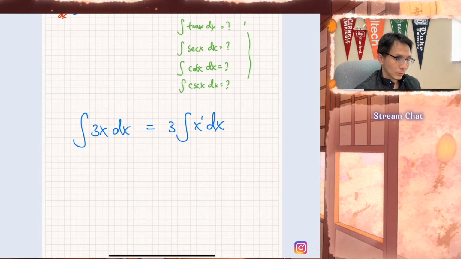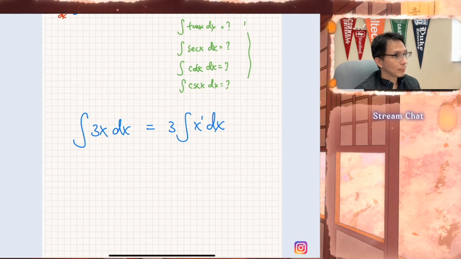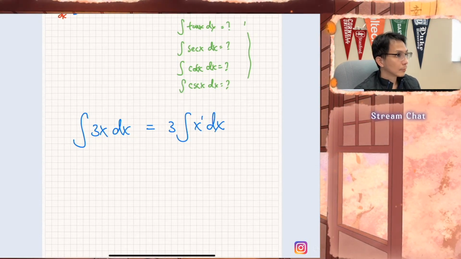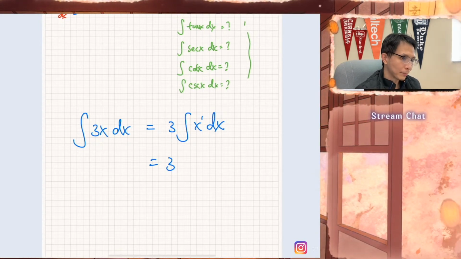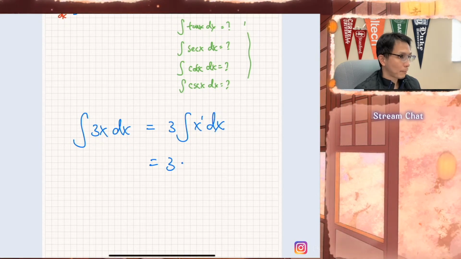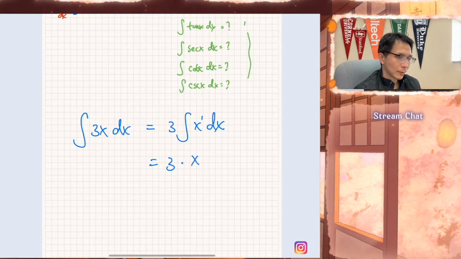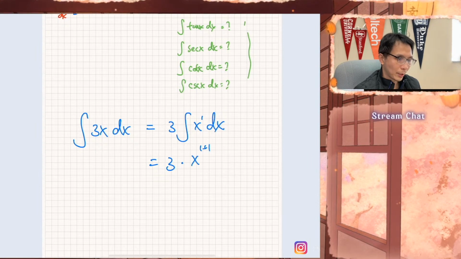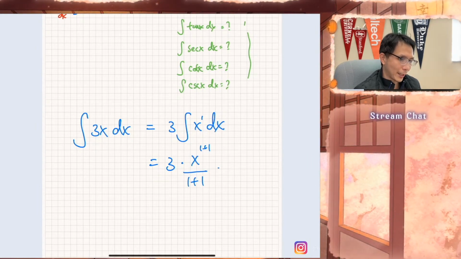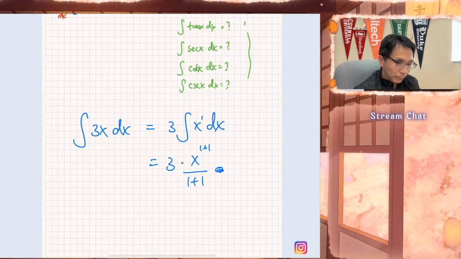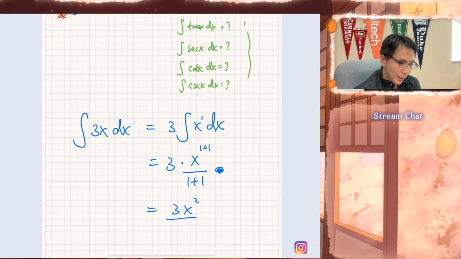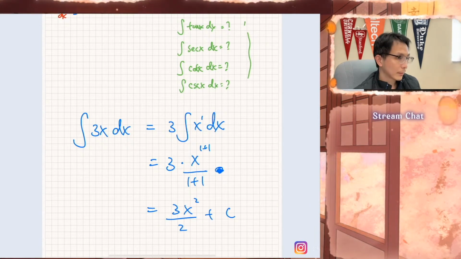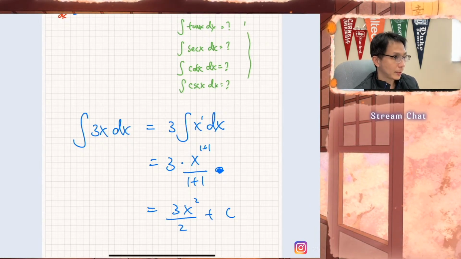It's a great question. Yeah, it's a constant. Oh, so would it be 3 over 2, something like that? 3 times what? x squared over 1 plus 1, right? I don't need to write that down, because 1 plus 1 is 2, last time I checked. So it is 3x squared over 2 plus c.